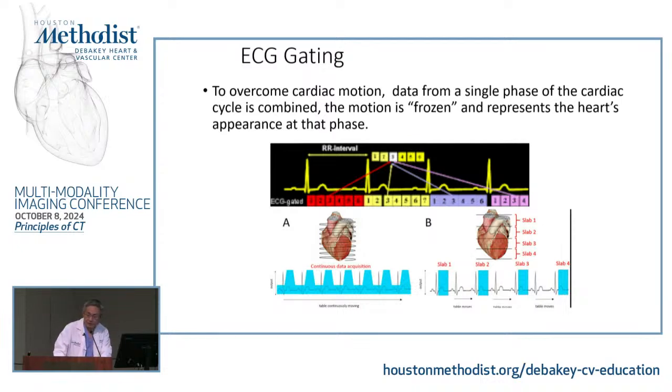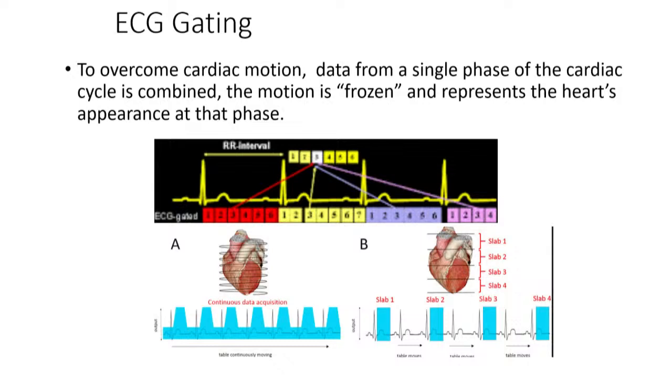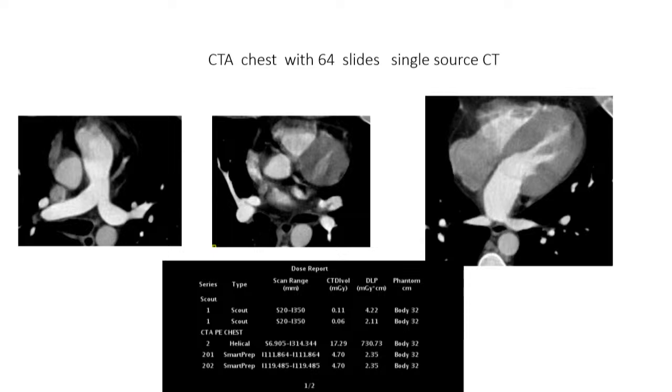Like most imaging modalities, when we image the heart, we have to tie it to the ECG, right? Because we need to know in which part of the cardiac cycle what we're seeing occurs. This is the same with SPECT, so I'm not going to elaborate too much, right? Just to give you an example. Every day, when you take care of patients, you're going to see that a patient had a PE protocol done with radiology.